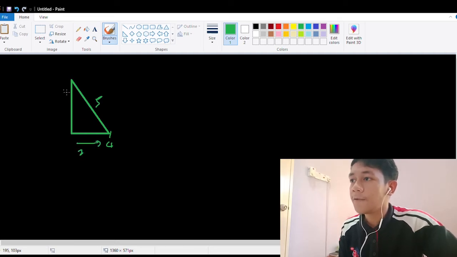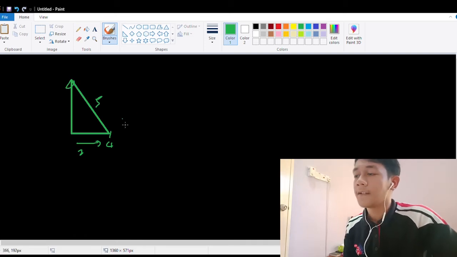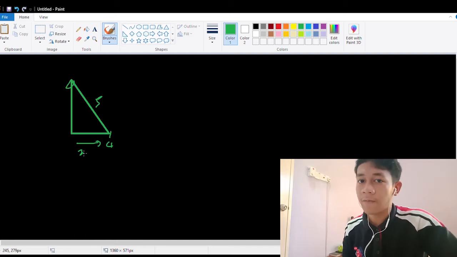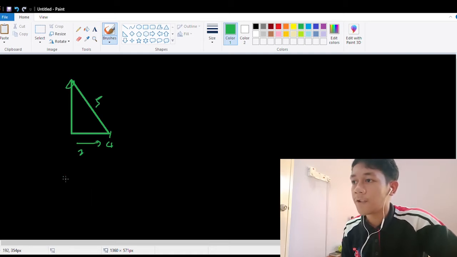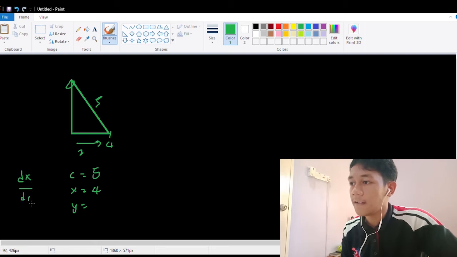We still don't know the height of the bag on the ladder. So first we need to list down all the information that we have. The hypotenuse, which we call c, is 5, and we also know x, which is 4. We still don't know y, and we know the rate, dx/dt, equals 2.